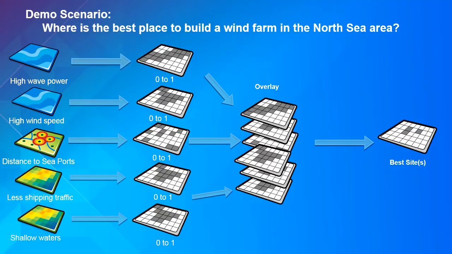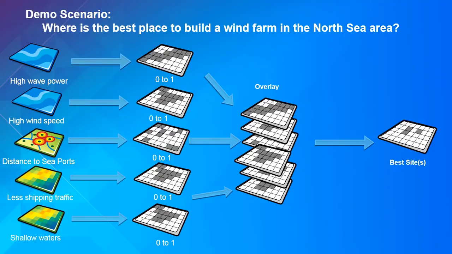To lower the cost, we want the wind farm relatively close to the existing ports, and we want to avoid ship traffic. Also for cost reasons, we want to build it in relatively shallow water. And then we want to avoid the marine protected area.